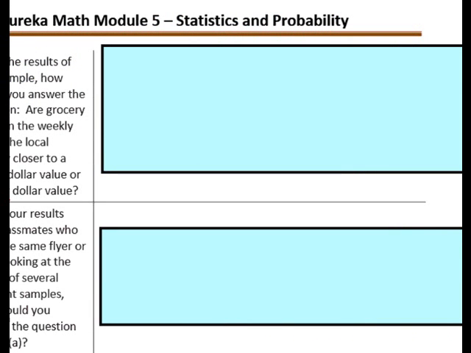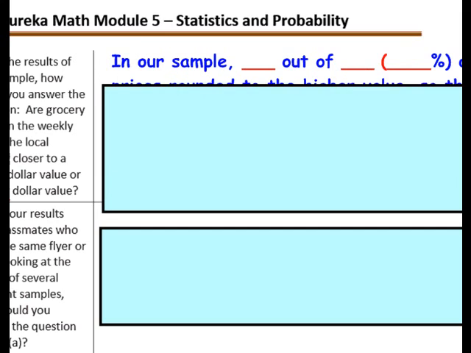Given the results of your sample, how would you answer the question? Are grocery prices in the weekly ads at the local grocery closer to the higher value or the lower value? So in our sample, we had 15 out of 25, and that was 60%.